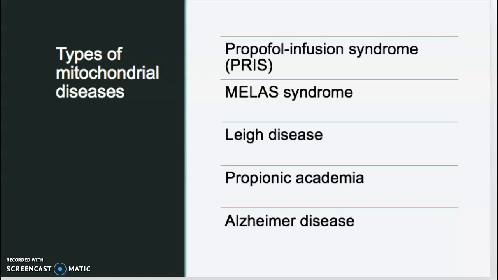Your proton gradient is being inhibited, and so you have apoptosis because the cell is not functional. And if you give this isoflurane, it will worsen the symptoms of Alzheimer's disease, and they're more predisposed to die on the operating table.